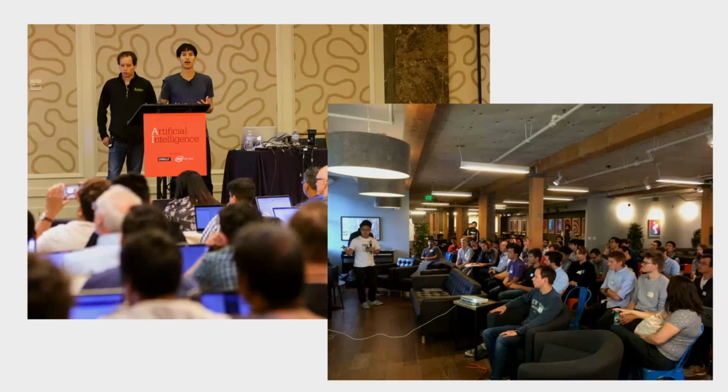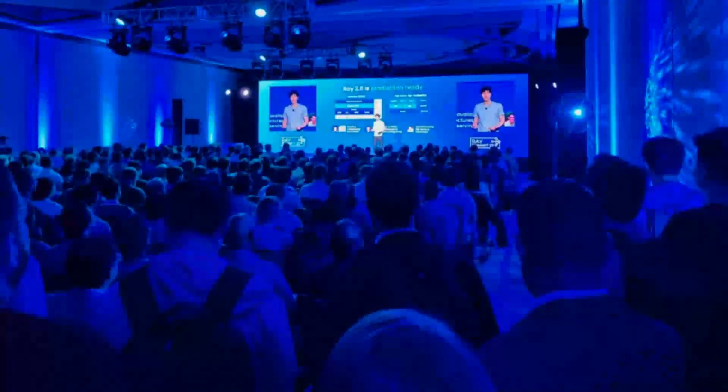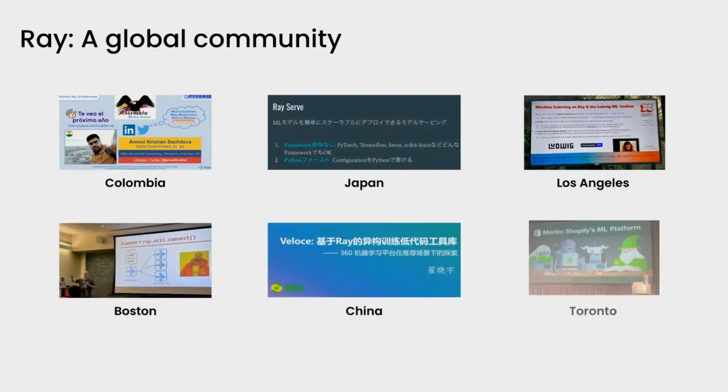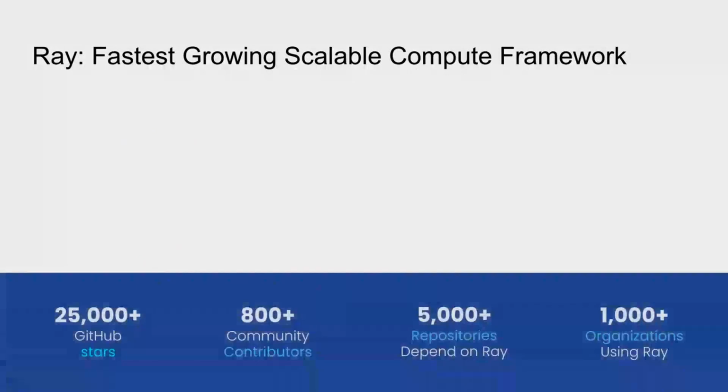Fast forward to today, Ray has been widely adopted by the broader AI community, with more than 800 contributors to the open source project and a lot of meetups and events focused on Ray around the world, in North America, South America, China, Europe, and other locations as well.